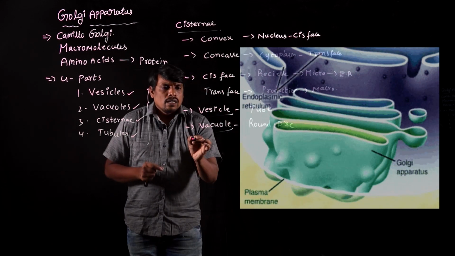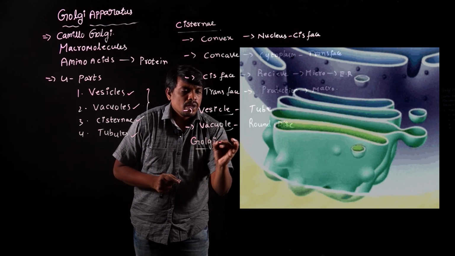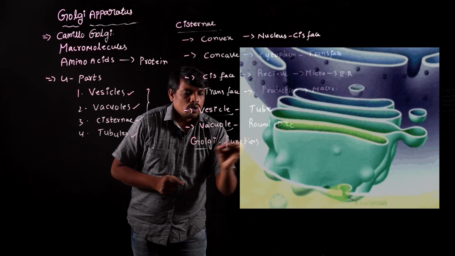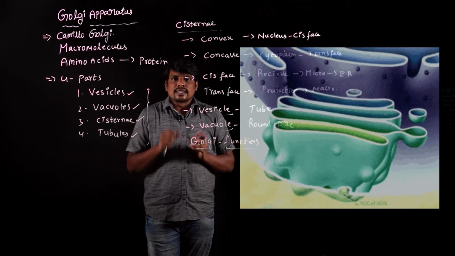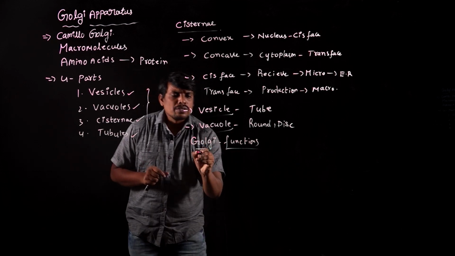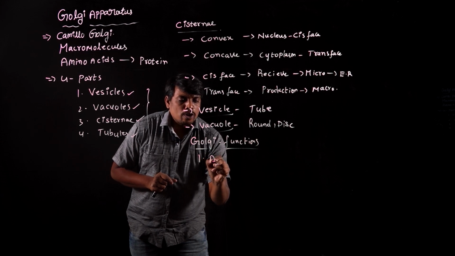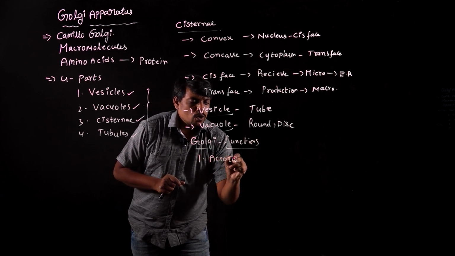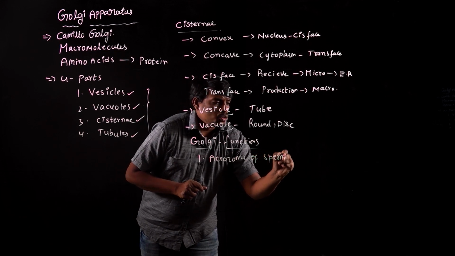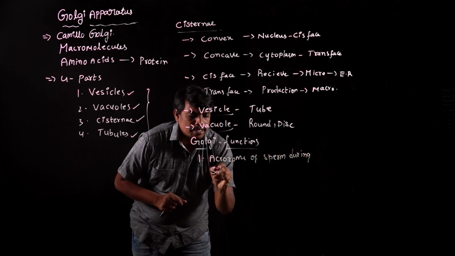Basically, the Golgi operators perform certain kinds of functions. What are the functions of Golgi operators? Let us see the functions of Golgi operator. First function is the Golgi operators help in the process of making the acrosome of sperm cell during spermatogenesis.